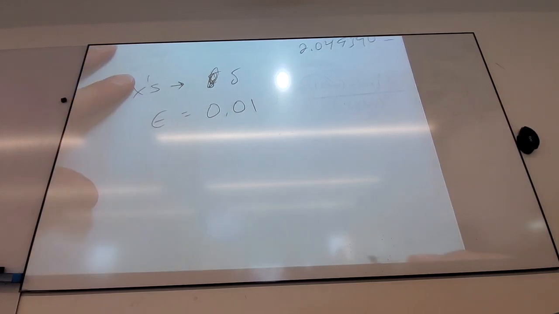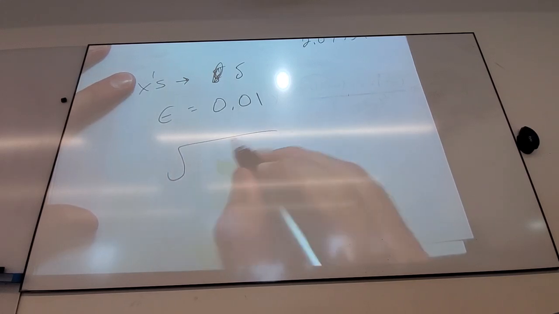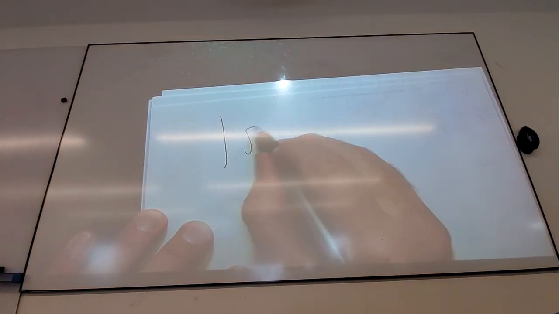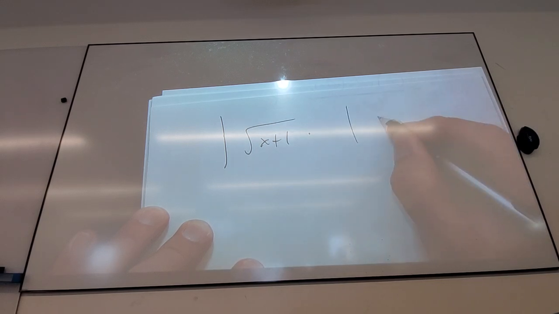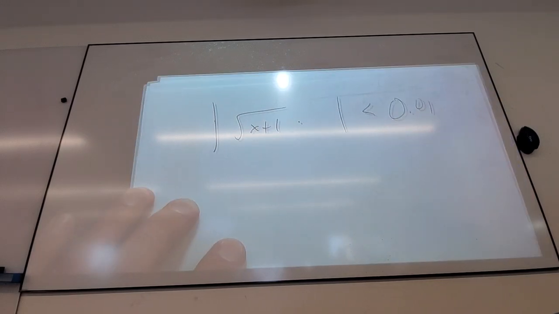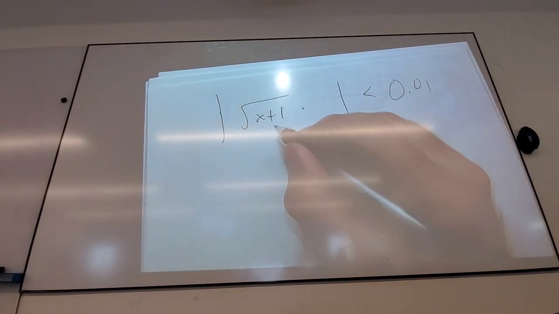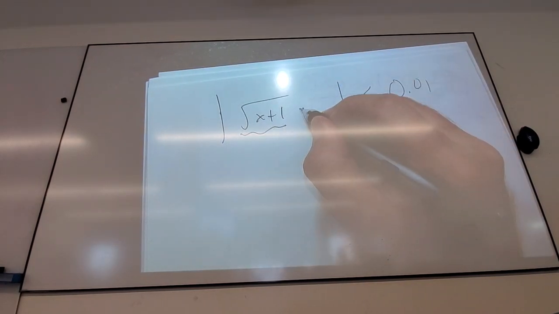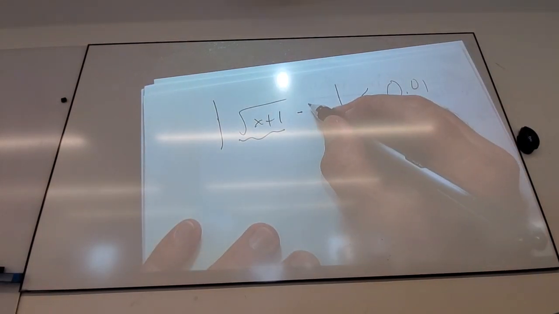Okay, so here I want this function to be less than 0.01 away. I want the difference between my original function and our approximation, which was, there it is.